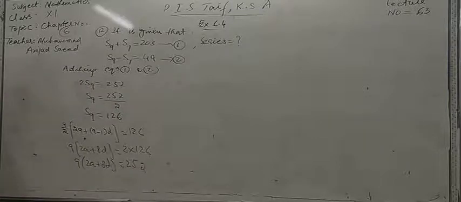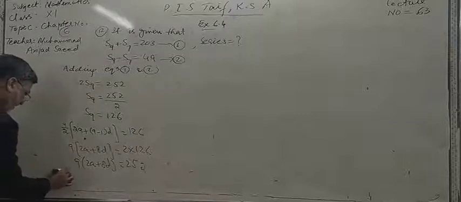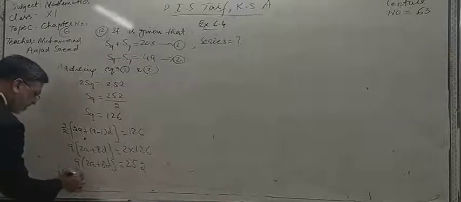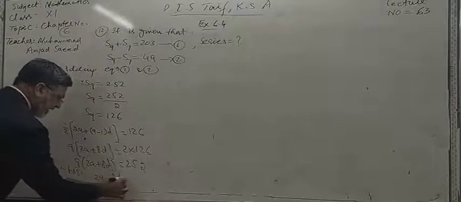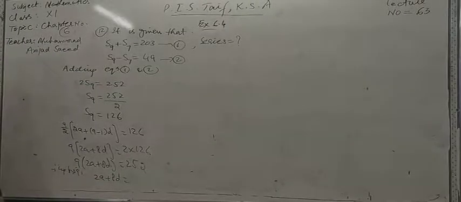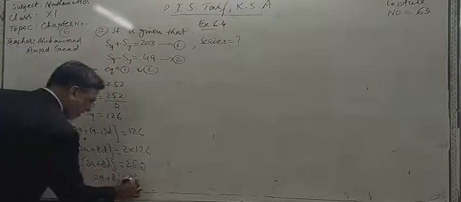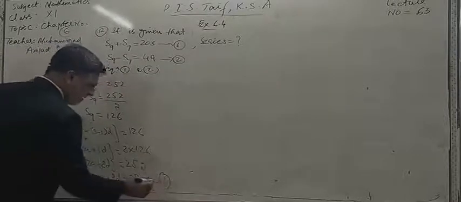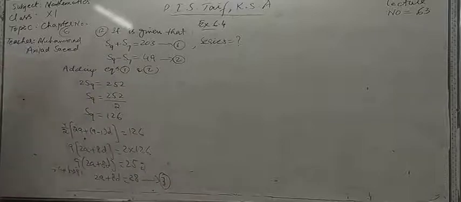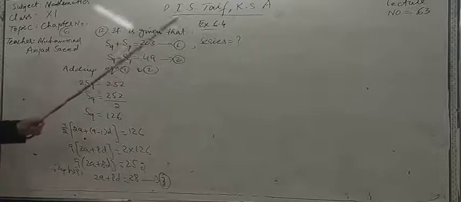You can divide both sides by 9. So dividing by 9, 2a plus 8d is equal to 28. This is equation number 3. Actually, we have to find two equations in terms of a and d. Then we will find the series.